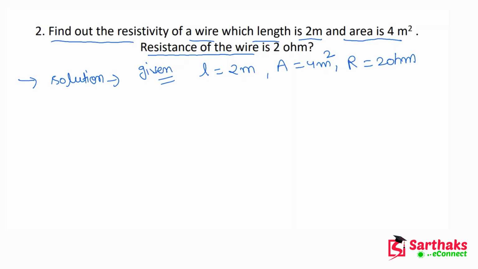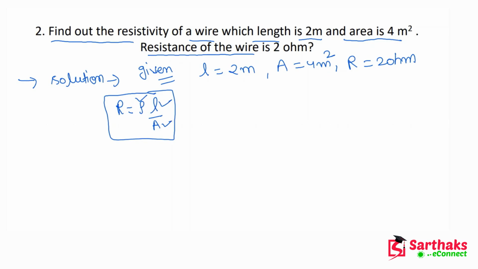So this question is similar to the previous questions. Why? Because in the previous questions, we applied this formula, rho L by A. At that time, we had been given the value of rho, and also the value of L, which is length, and area was also given. So we simply calculated resistance.